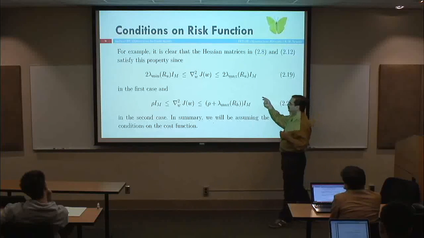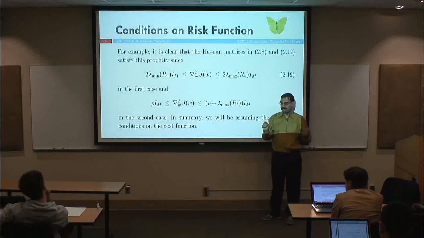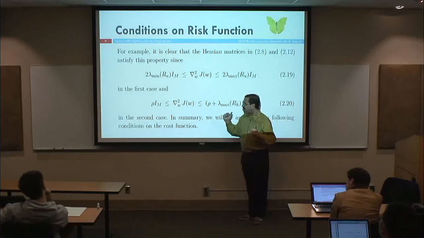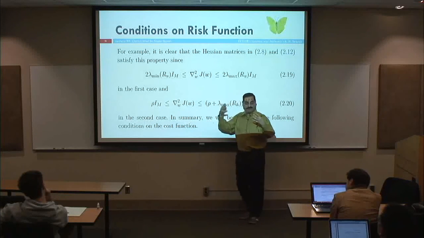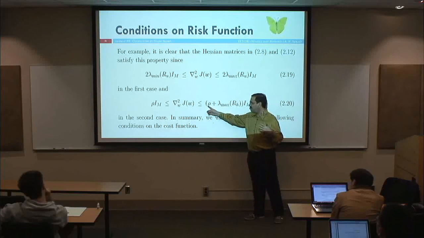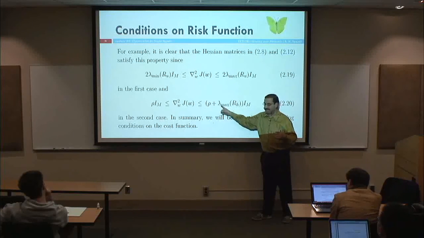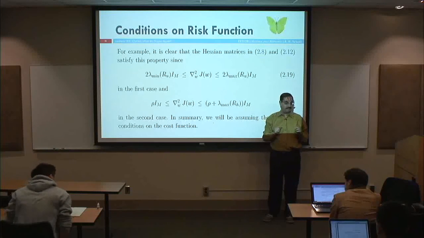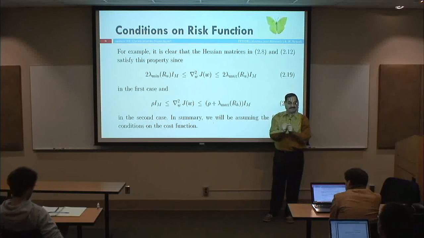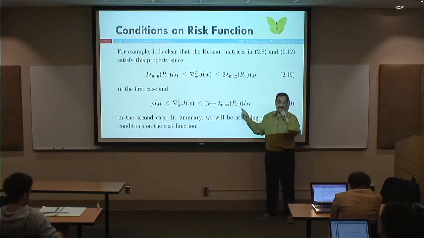Let's go to the logistic regression problem. We already know that from below, it's bounded by rho. And from above, it will be bounded by rho plus that second term that's there. In one of the homework problems I ask you to show that the matrix there is bounded by the lambda max of RH.